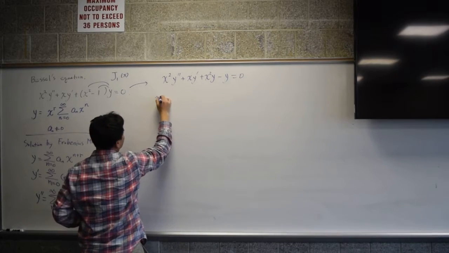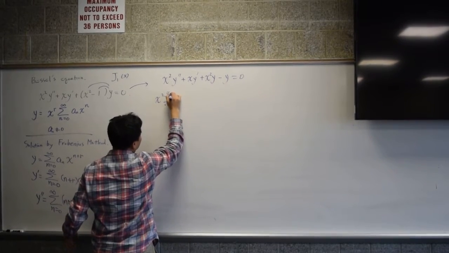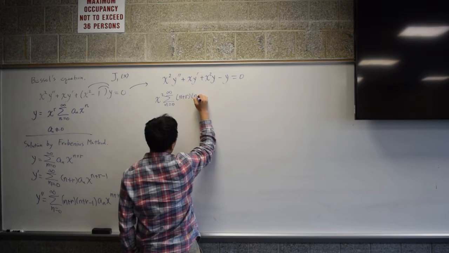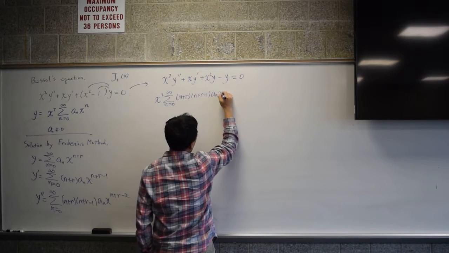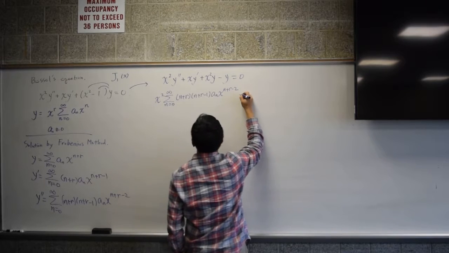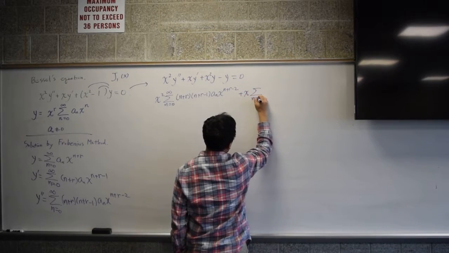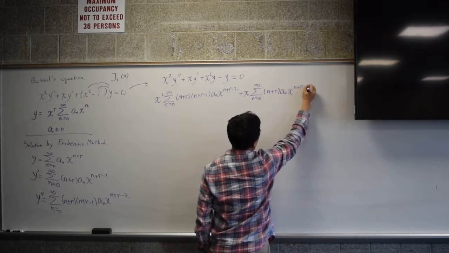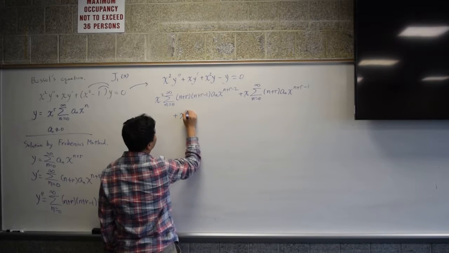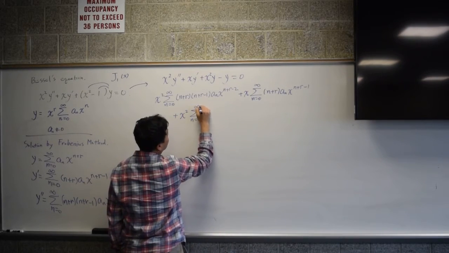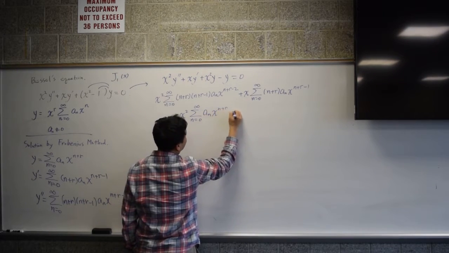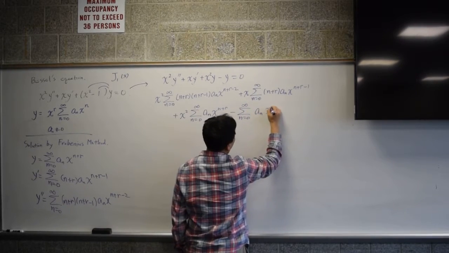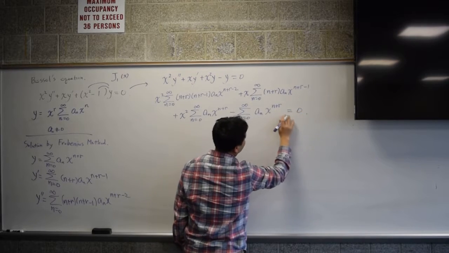So on here, I'm going to plug in what we computed here. We have y double prime is this, so we put n plus r times n plus r minus 1, an x to the n plus r minus 2, plus x times sigma n from 0 to infinity n plus r, an x to the n plus r minus 1, plus x squared sigma n from 0 to infinity an x to the n plus r, minus sigma n from 0 to infinity an x to the n plus r, equal to 0.